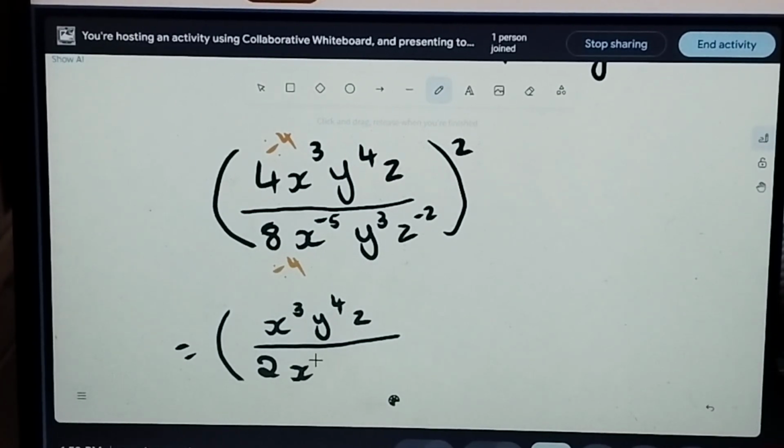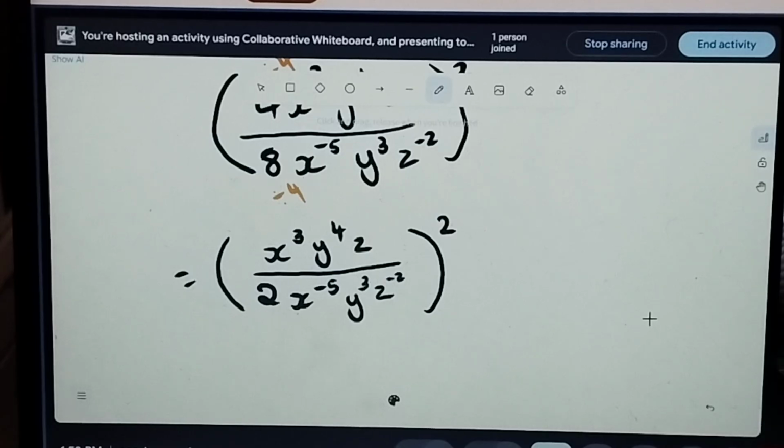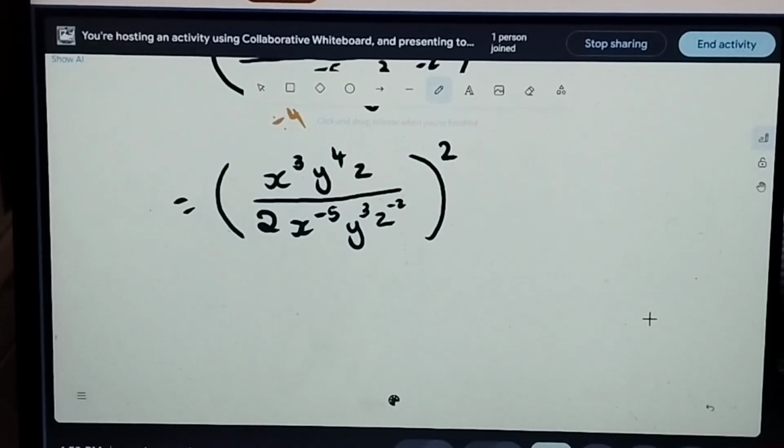X to the minus 5, y to the 3, z to the minus 2, all raised to the power 2. Now, as you correctly said earlier, when I'm dividing, I'm minus.